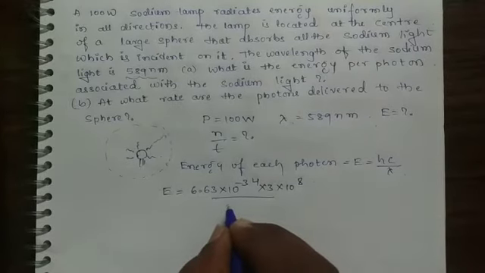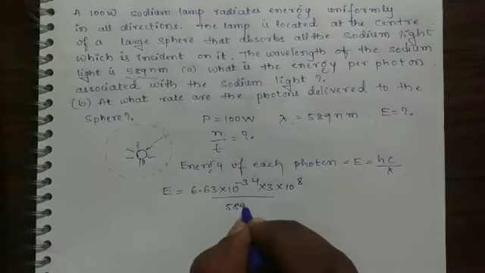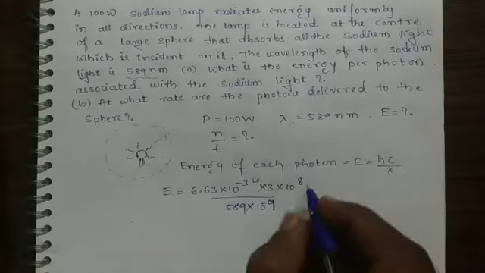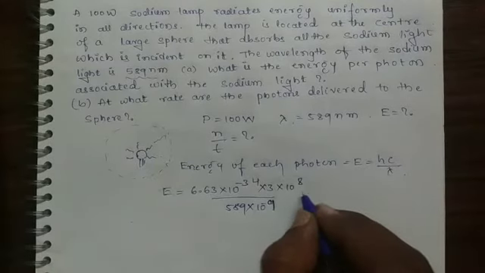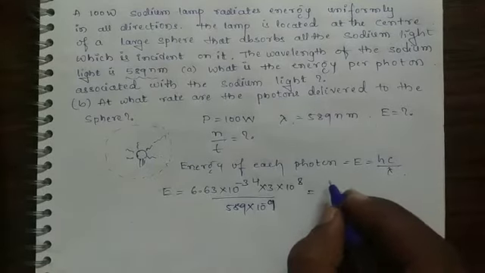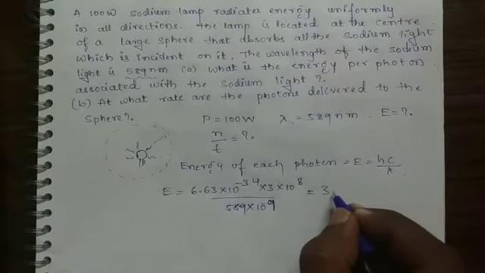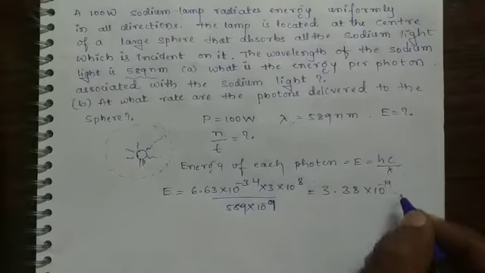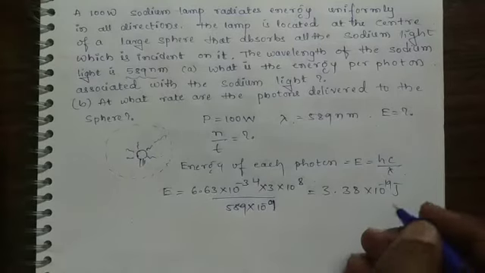So the wavelength value is 589 into 10 power minus 9. Why? Because it is in nanometer. So after simplification, 3.38 into 10 power minus 19 joule we will get.